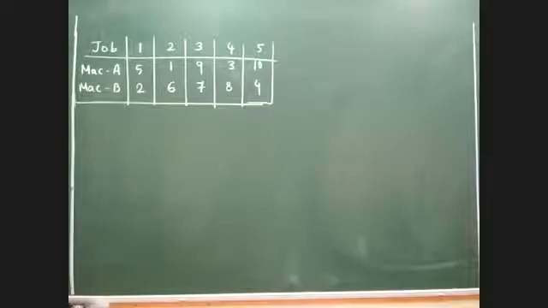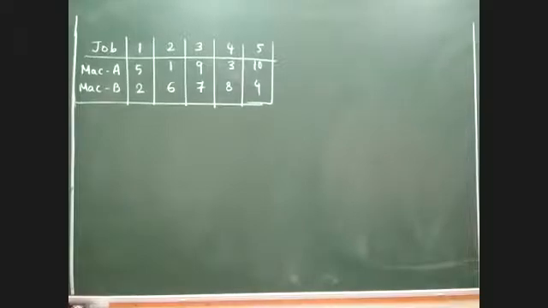In all four cases. Now, looking at the board, can you please tell me to which category this problem belongs? Is it case 1, case 2, case 3, or case 4? Case 1. Why is it case 1? Because the number of machines is exactly 2. It is a very, very important step. You are supposed to identify which case it belongs to.